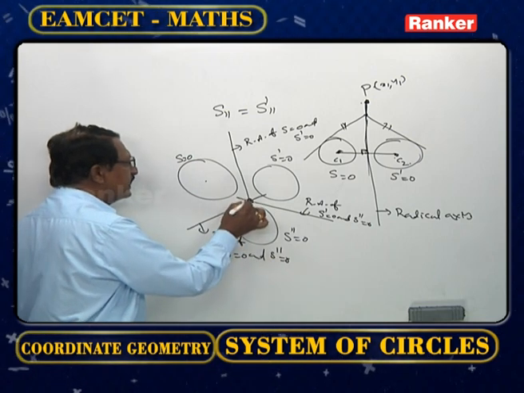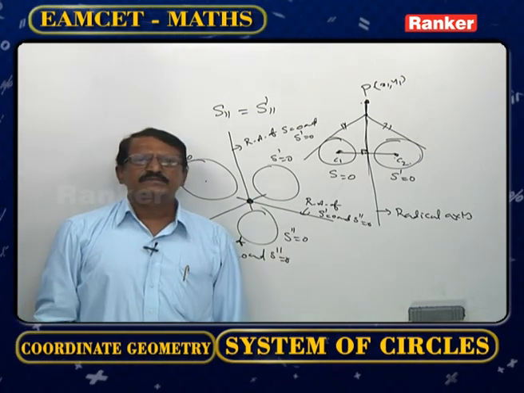Now these three radical axes are concurrent, passing through one point.